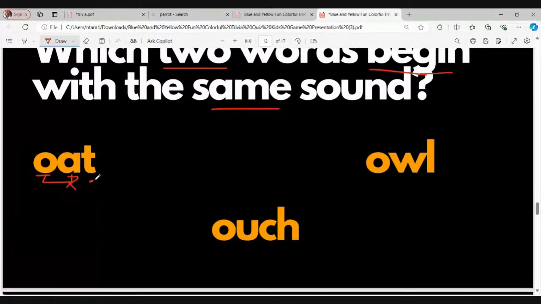When we talk about oats, we are actually talking about a food. So you may have eaten oats before, like having oatmeal. Yes, I know that's the first one that may actually come to your mind when you hear the word oat. Oatmeal may come to your mind.